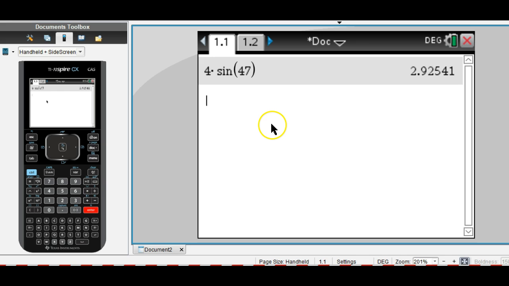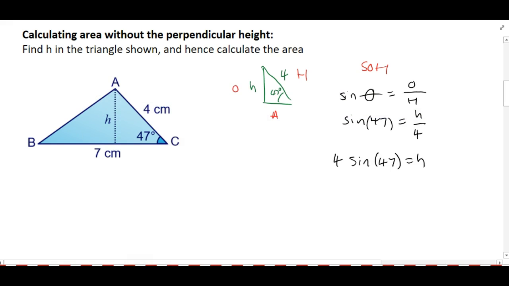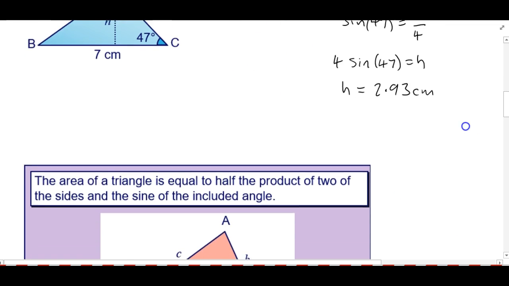And we've got 2.93. So H is equal to 2.93 centimeters. Okay, so we've done that.